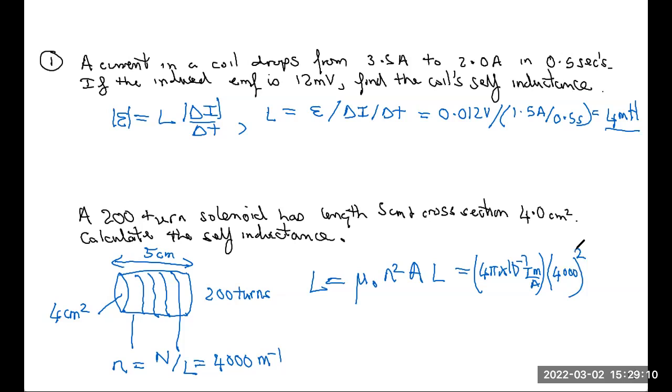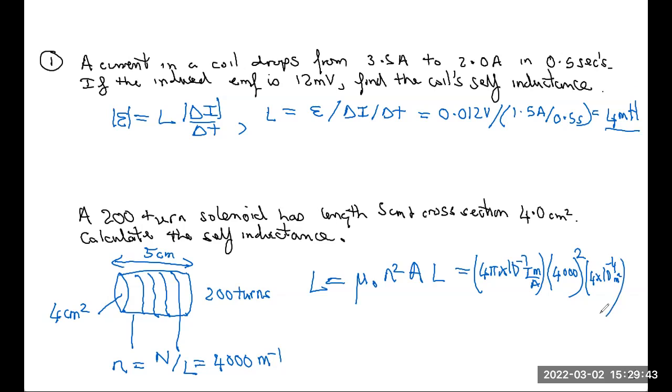And it's n squared. The area is 4 square centimeters. There's 100 centimeters in a meter, so there's 10,000, 100 squared, square centimeters in a square meter. So the area is 4 centimeters squared, or 4 times 10 to the minus 4 meters squared.